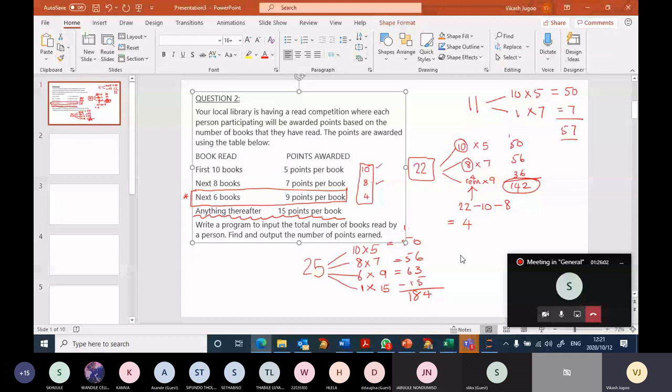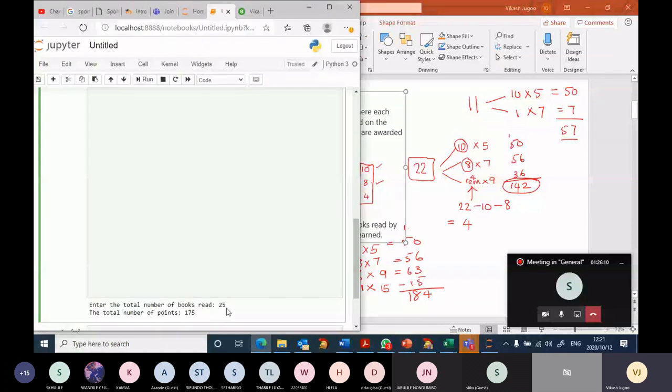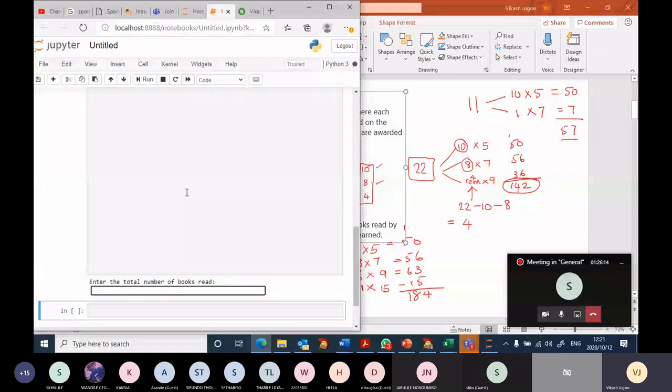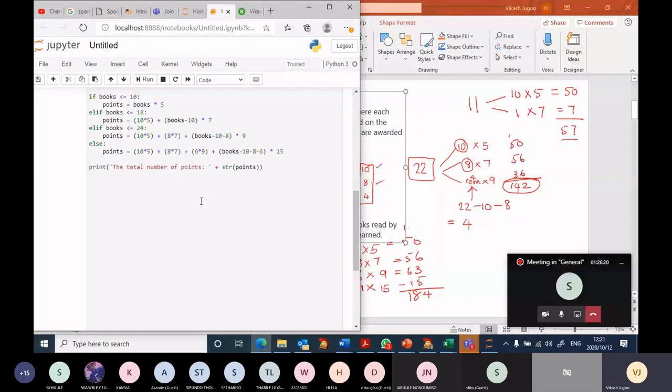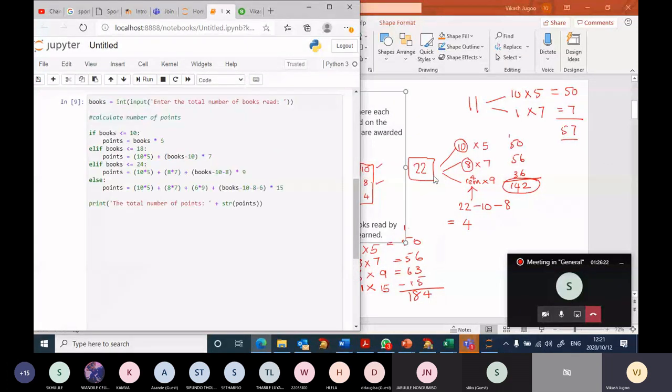That's for 25. Did I enter 25 or did I enter 22? I did enter 25 and I got 175. Let's try that one more time. And I'm getting 175. So let me go to my program and check.